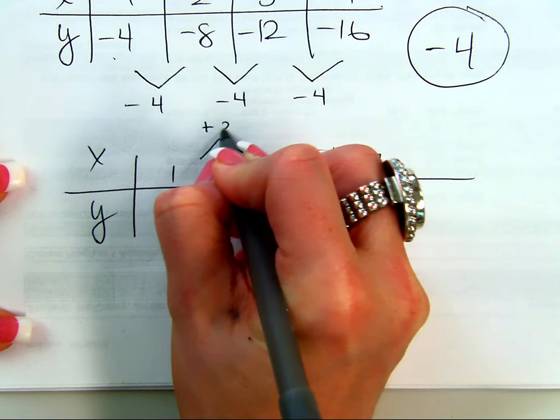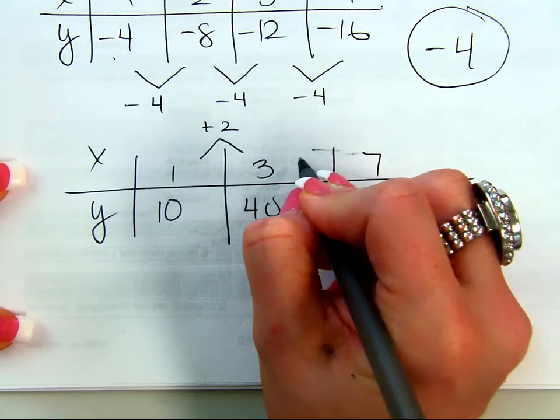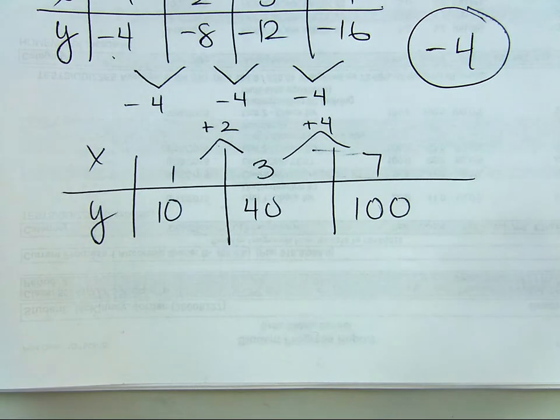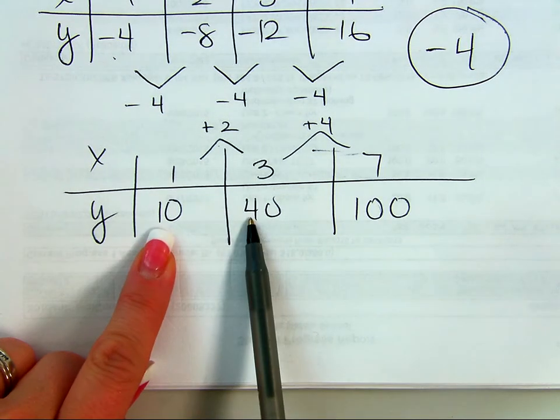Second of all, that went up by 2, but that went up by 4. So the x's aren't even going up evenly. So how do you think you could do this? Go ahead and take a minute and try to see. Maybe treat it as 2 separate problems. Maybe do these 2 first, then do these 2.